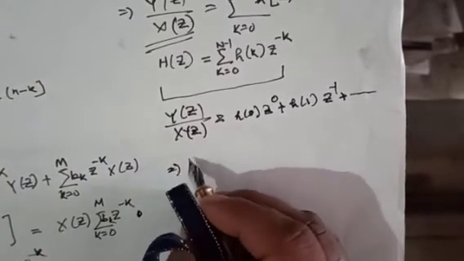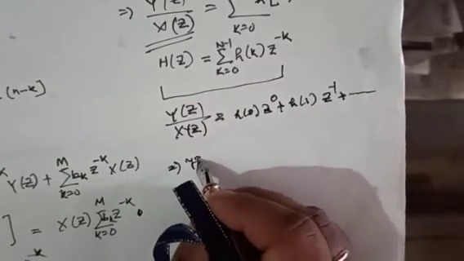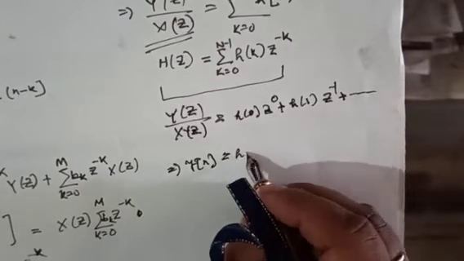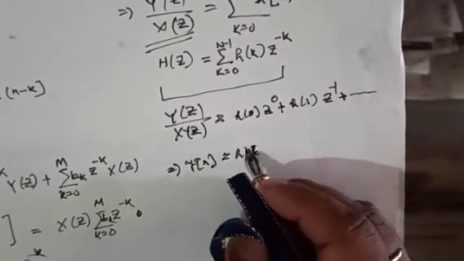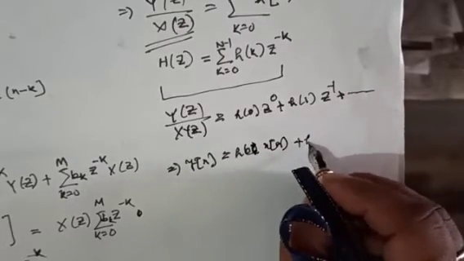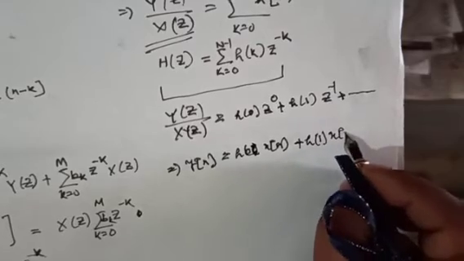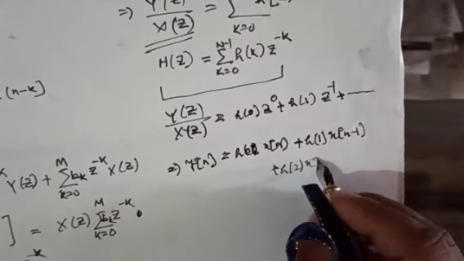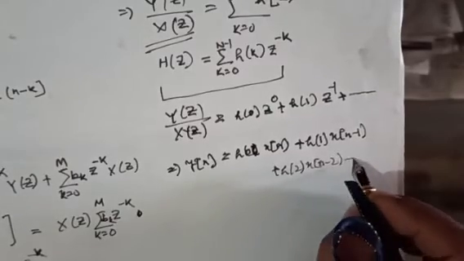Now if we derive the equation from this, with the inverse transform, y of n will be h of 0 into x of n, plus h of 1 into x of n minus 1, plus h of 2 into x of n minus 2, and so on and so forth.